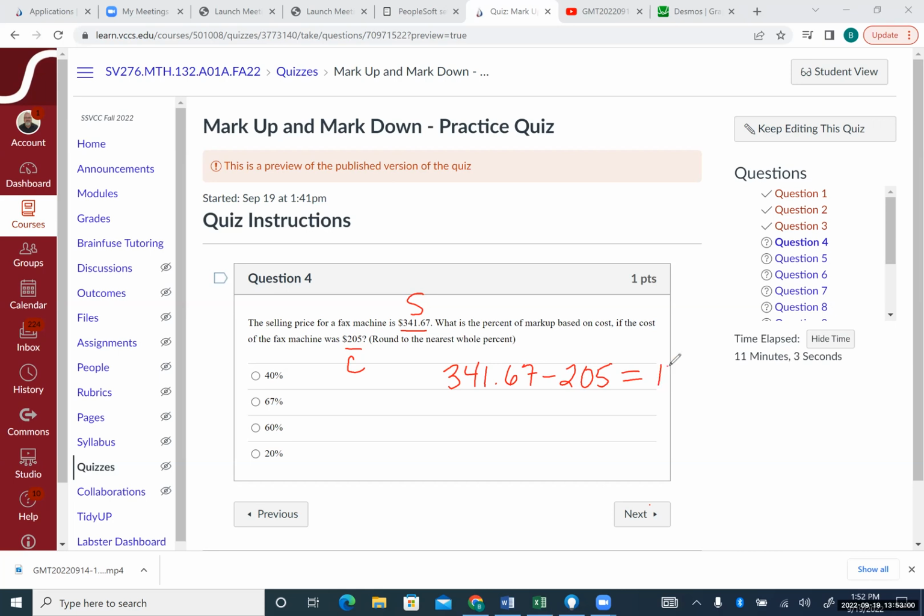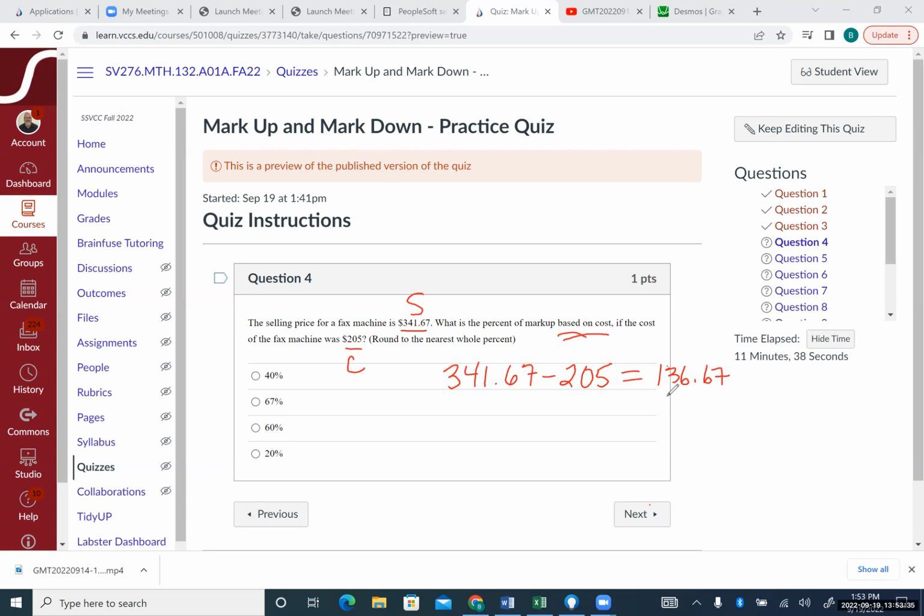That's 136 something, 67. All right, then they want to know, if that's the markup, what was the percent based on the cost? They make a point of saying based on cost because later we're going to have some problems where they want to know the percent based on the selling price. So it matters, but this one's based on cost.